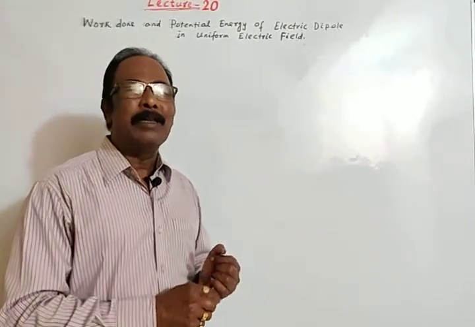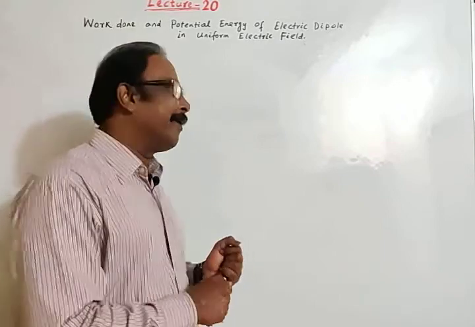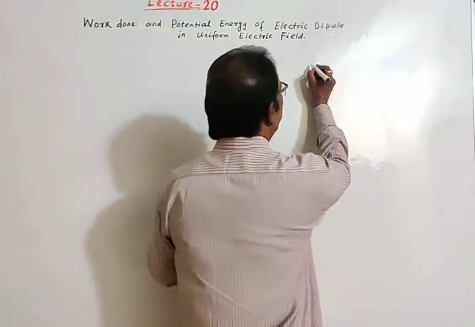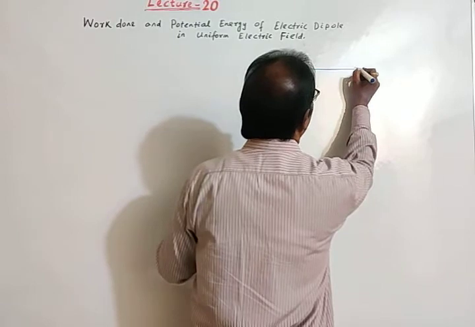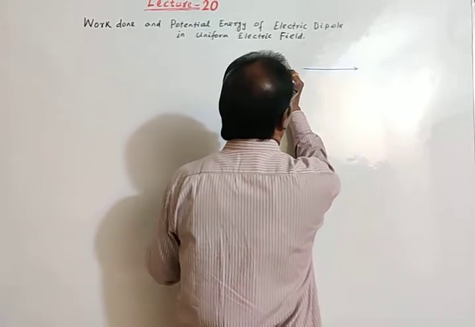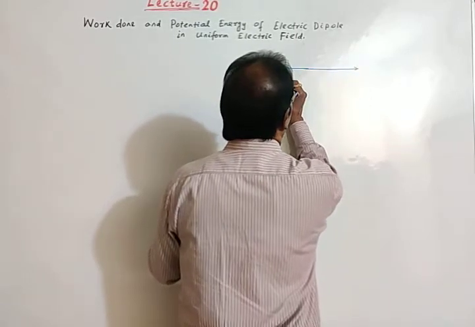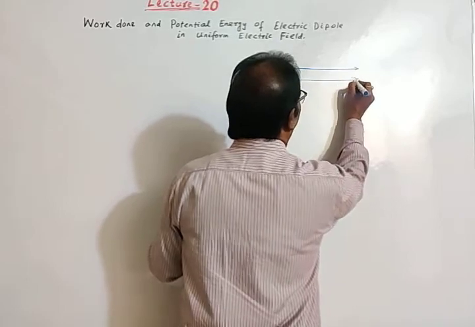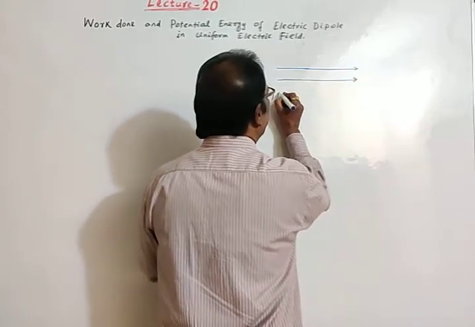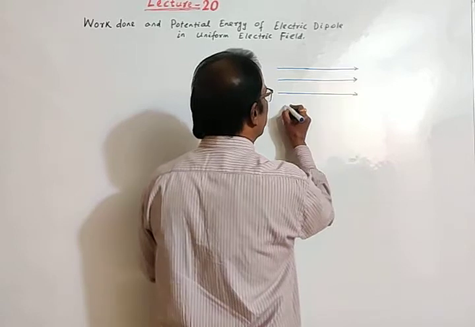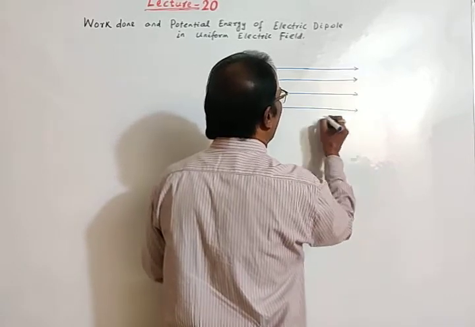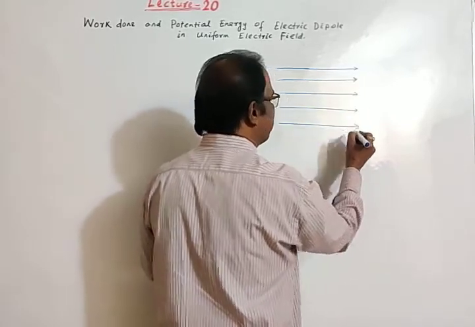First thing is uniform electric field. This is the representation of a uniform electric field. An electric field is uniform if the electric field lines are parallel and equidistant.